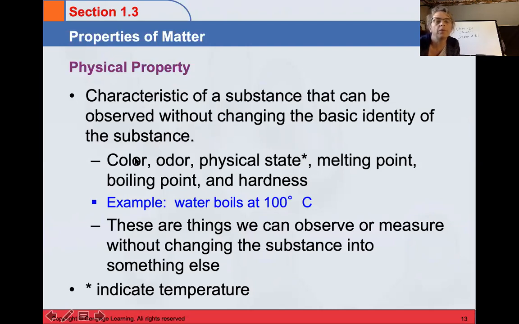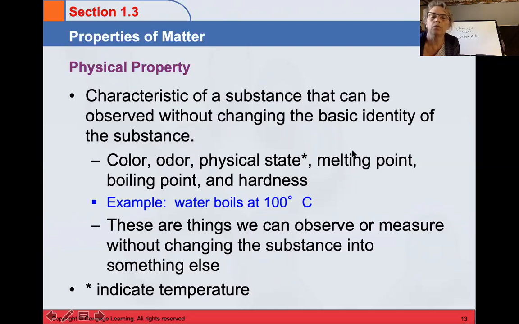So a physical property is something like color or odor, something that we can determine basically by just looking at the substance. We can tell the physical state of a substance by just looking at it. We can determine the melting or boiling point of a substance. But when we do that, we don't convert the substance into another substance.